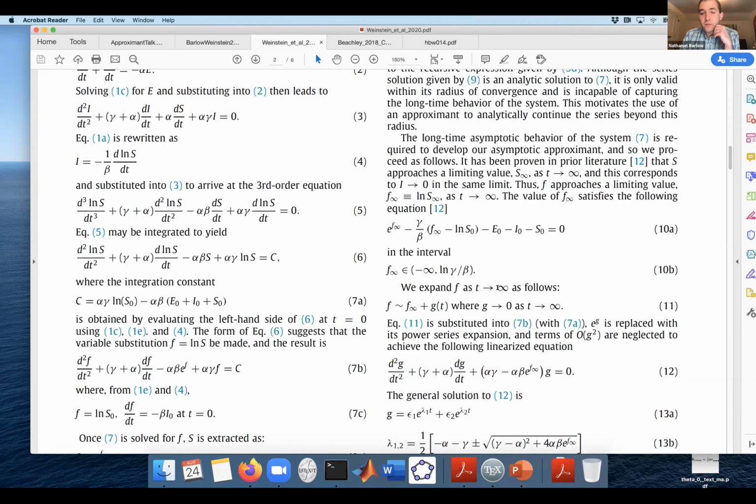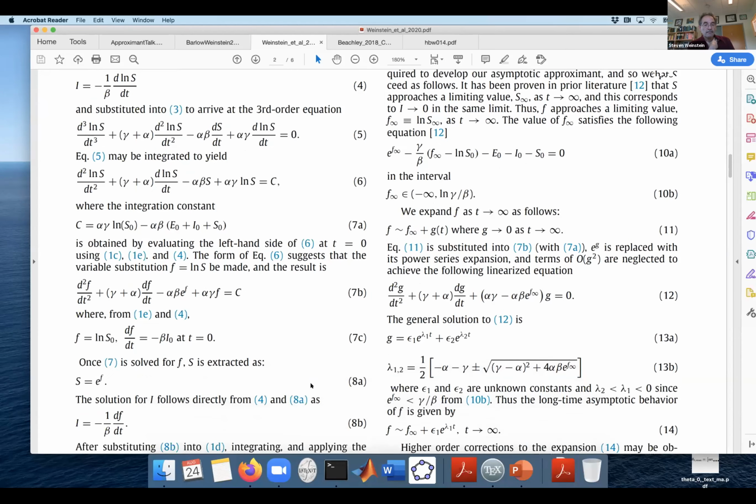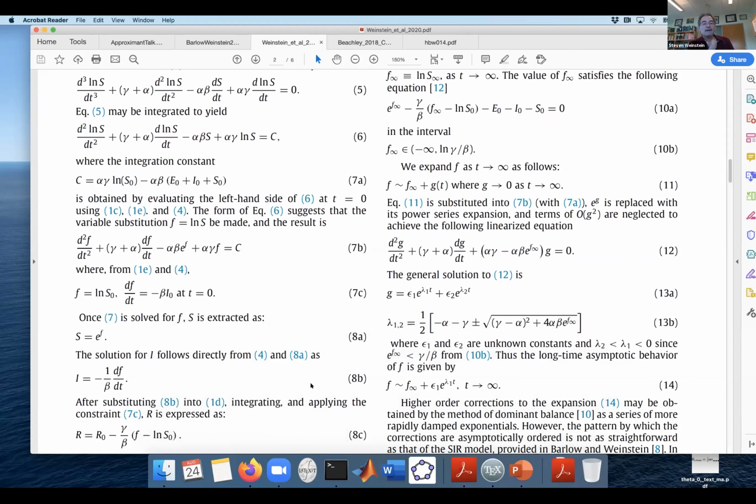What's neat, and really important here, is if you look down below 7c, the fact that we're able to take derivatives of the approximant is essential to be able to extract what the infected rate is directly, because you have to retain accuracy in the derivative to get the infected.